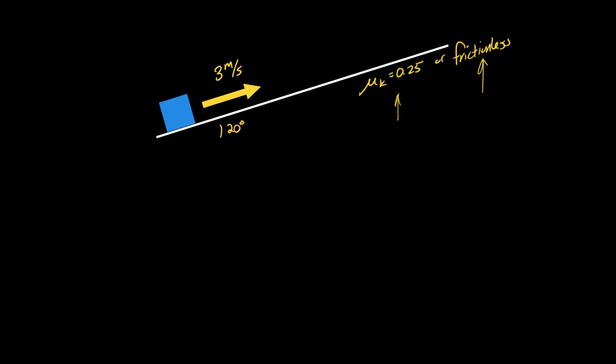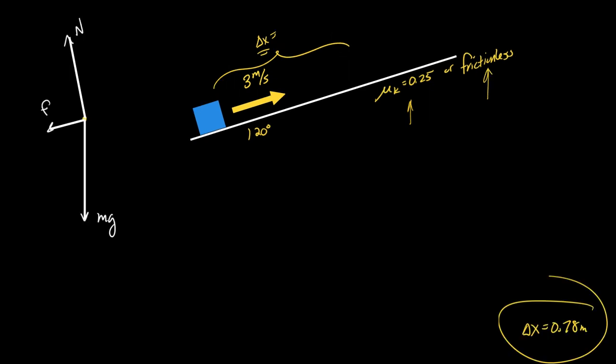So the box is going up the ramp. I'd like to know how far till it stops. What's delta x? Where does the box stop on the ramp? It may stop and slide back down, but where does it come to rest? So let's start from this free body diagram.